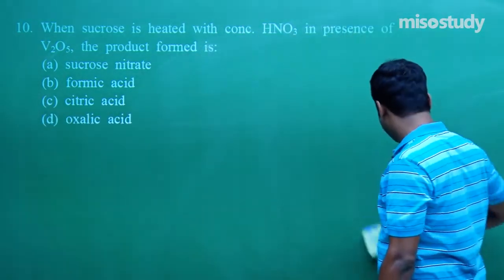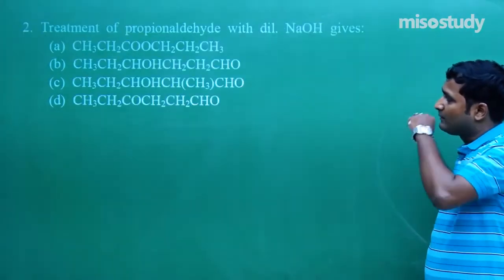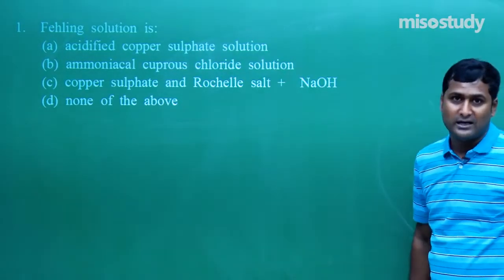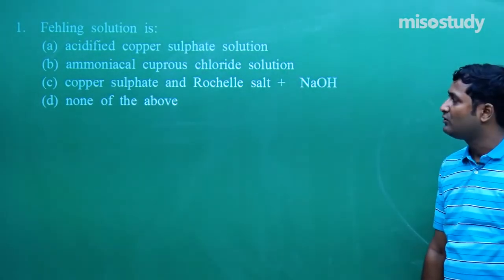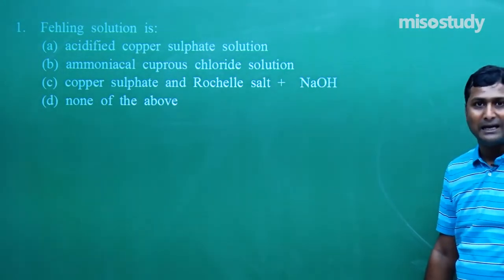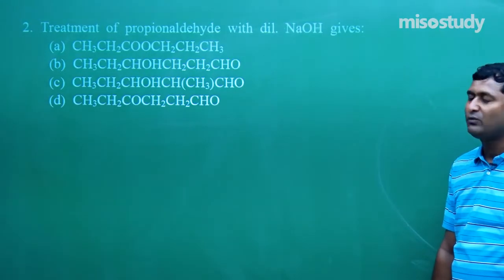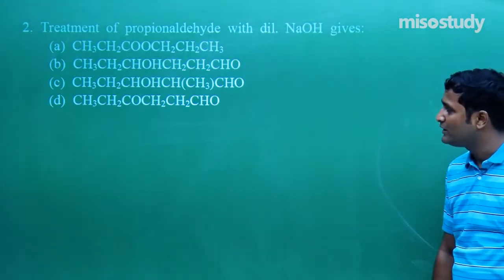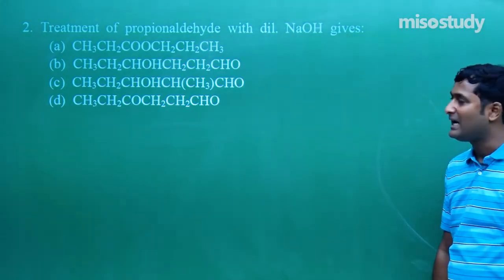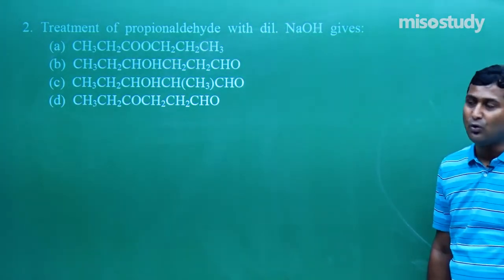Now let's move to the revision. We'll revise the things again. For question number 1, what is Fehling solution? It's very easy. The Fehling solution is copper sulfate and Rochelle salt plus NaOH. Now, what is the treatment of propanaldehyde with dilute NaOH? As I told you, the product is CH3CH2CHOHCH3CHO.